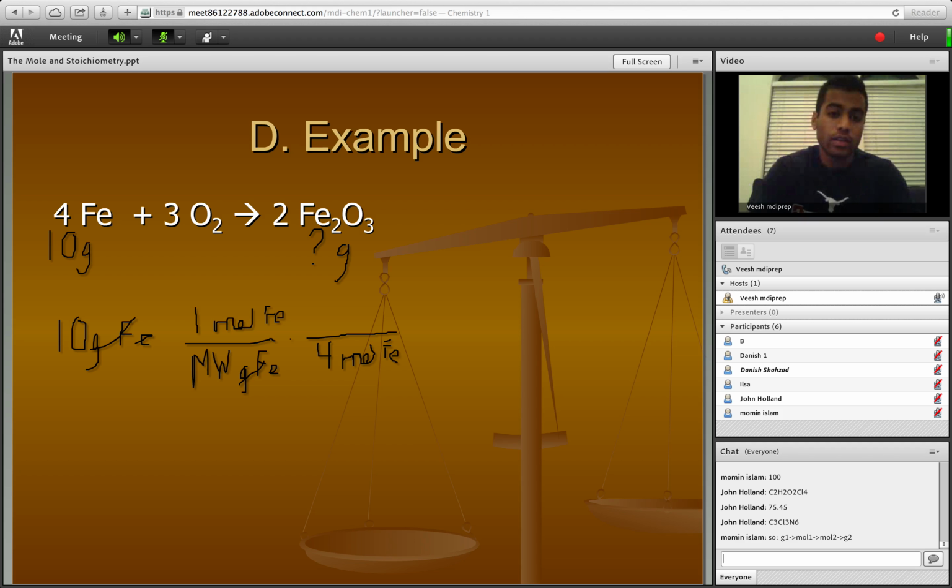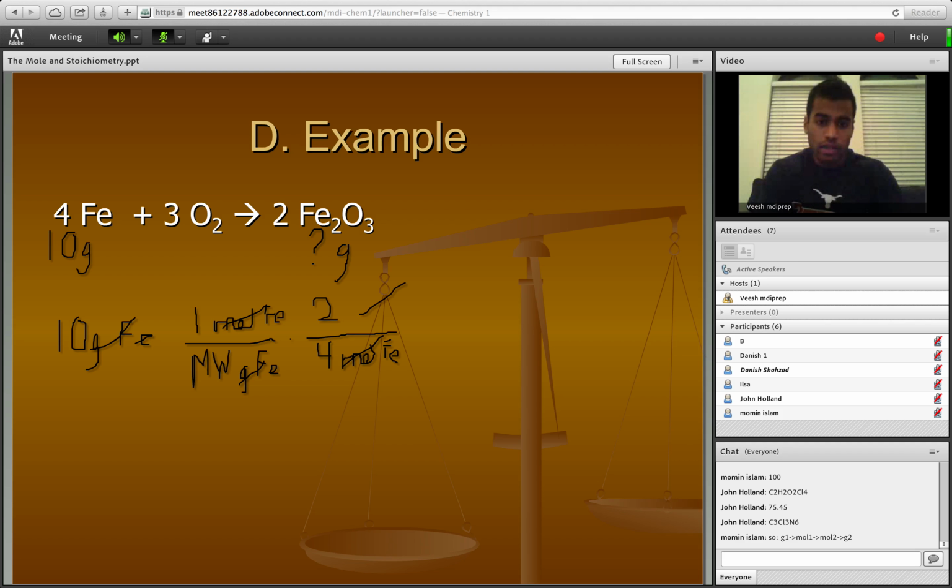And then that would yield 2 moles of the product. I'm actually not going to keep drawing this because this is really annoying. And that'll cancel out moles of Fe. So now we'll have our answer in terms of the moles of the product. Then all you have to do after that is apply the molecular weight of that product. You would have moles on the bottom of that product, which would cancel out the moles up here.